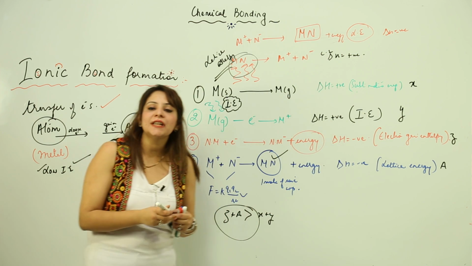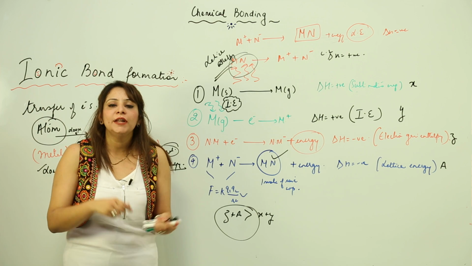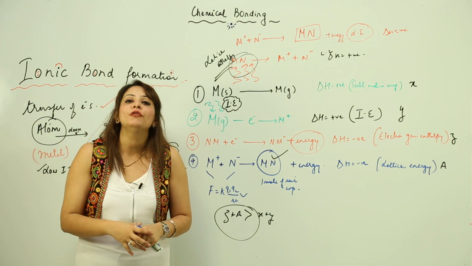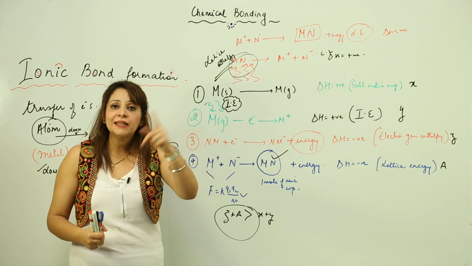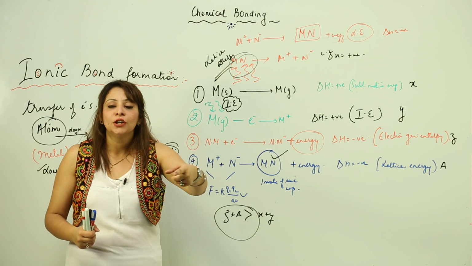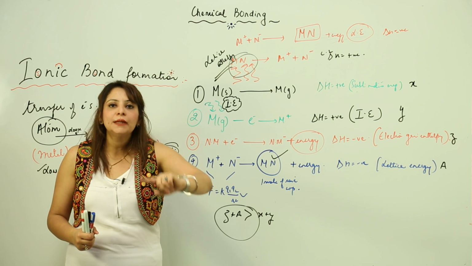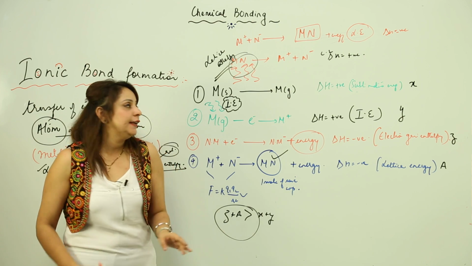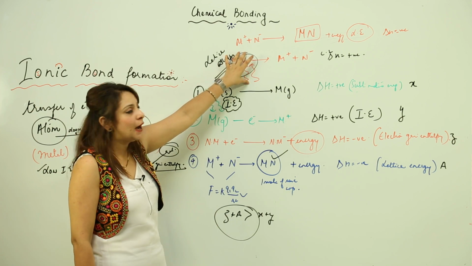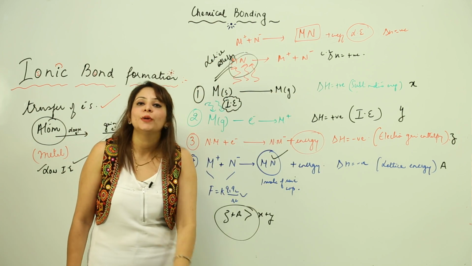So lattice energy is the energy released when positive and negative ions combine to form 1 mole of ionic compound, and lattice enthalpy is the energy needed to break 1 mole of ionic compound back into its constituent ions.